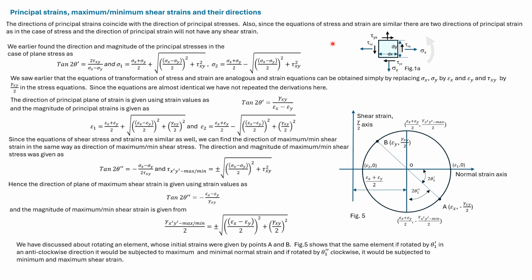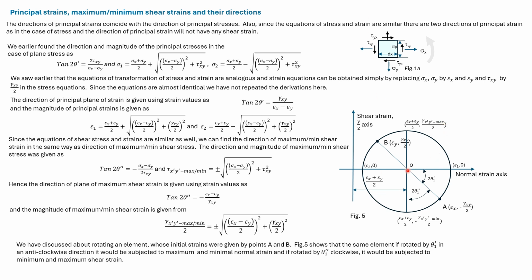Let's now discuss the direction and magnitude of the principal strains and the maximum and minimum shear strains in terms of the Mohr's circle. We earlier took this element and rotated the element and schematically developed the Mohr's circle of strain. The strain on the right face was plotted as point A and the strain on the top face was plotted as point B. With the diameter known, we can form the Mohr's circle of strain.